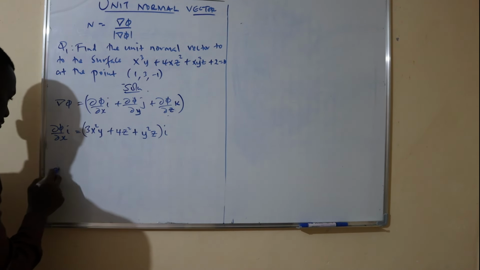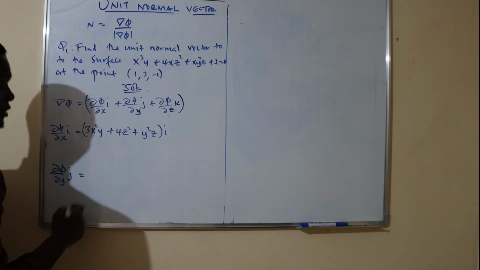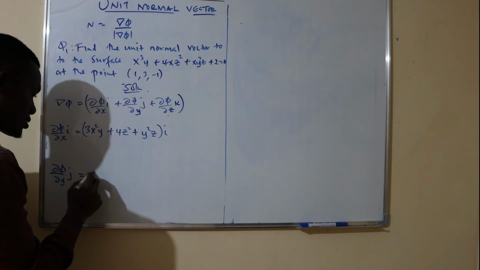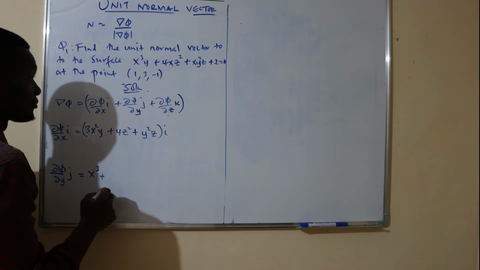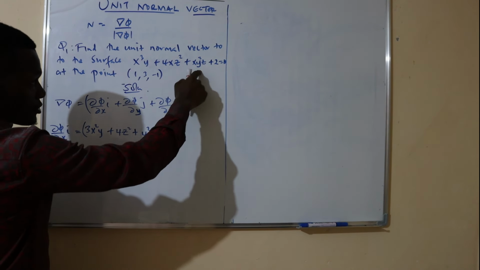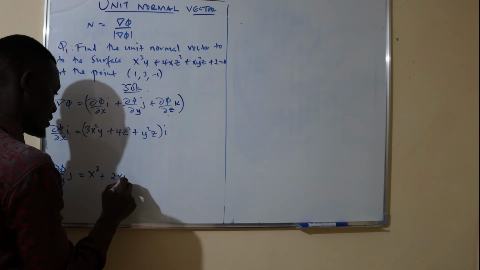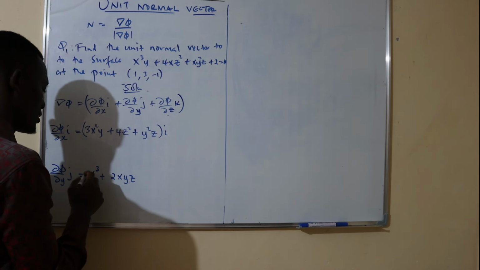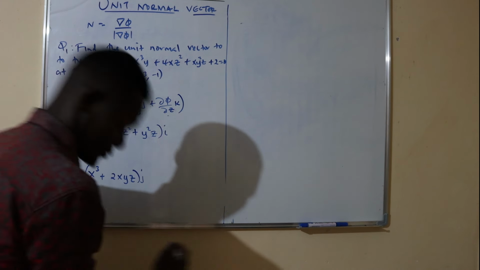So we have again d phi dy, then we have j. Now differentiating with respect to y, we have y here, it goes, remain with x cubed. Do you have a y here? No, so you go to the next, which is y squared, so we'll drop 2, then you have x y z. Differentiating a constant again gives you 0.